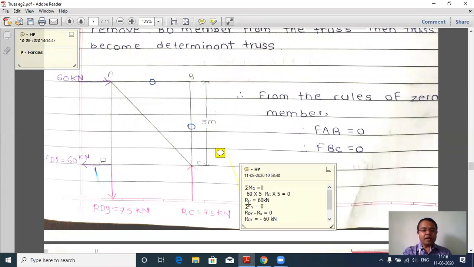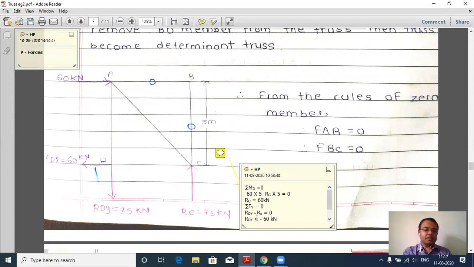Now apply summation Fy equal to 0 to this diagram. Here RC is going upward and RDY we assumed going upward. That's why plus RDY plus RC equal to 0.